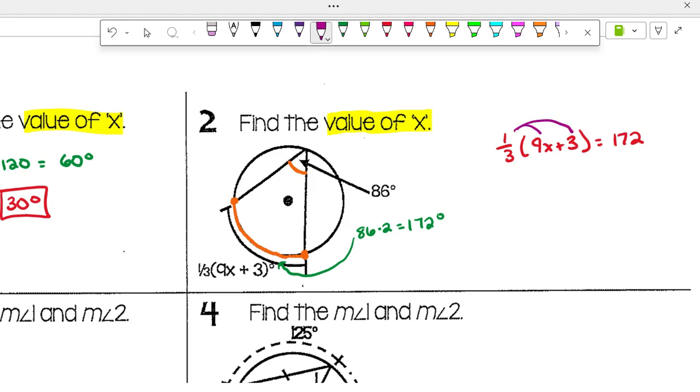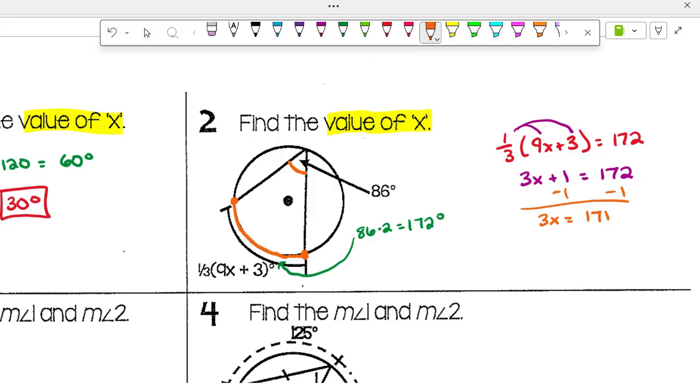Distribute the 1/3. Now remember, multiplying by 1/3 is the same thing as doing what? Dividing by 3. So if I divide 9x by 3, what do I get? 3x. If I divide 3 by 3, what do I get? 1. So then I'm going to subtract the 1. 3x is equal to 171.